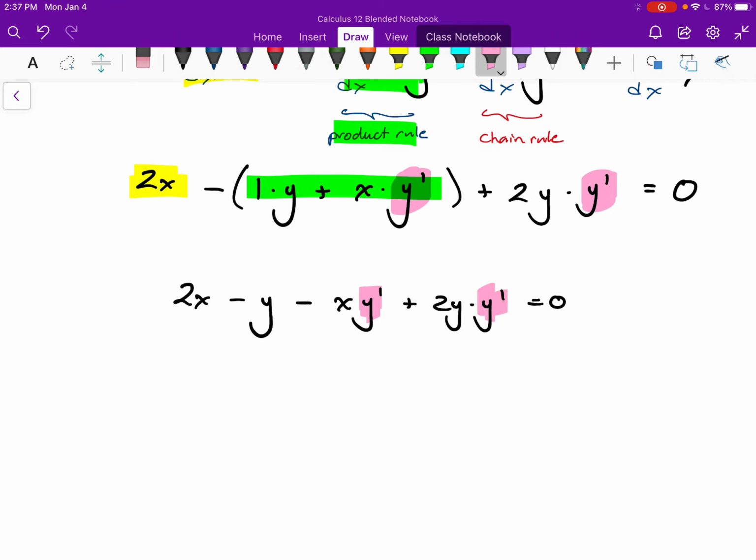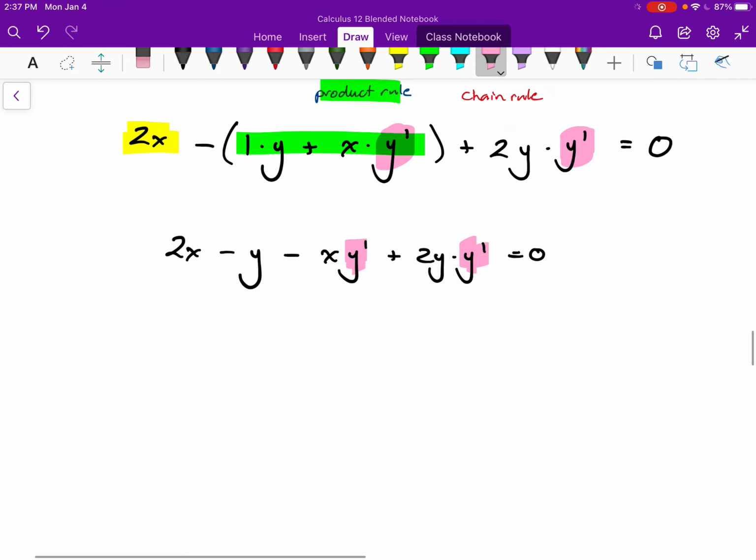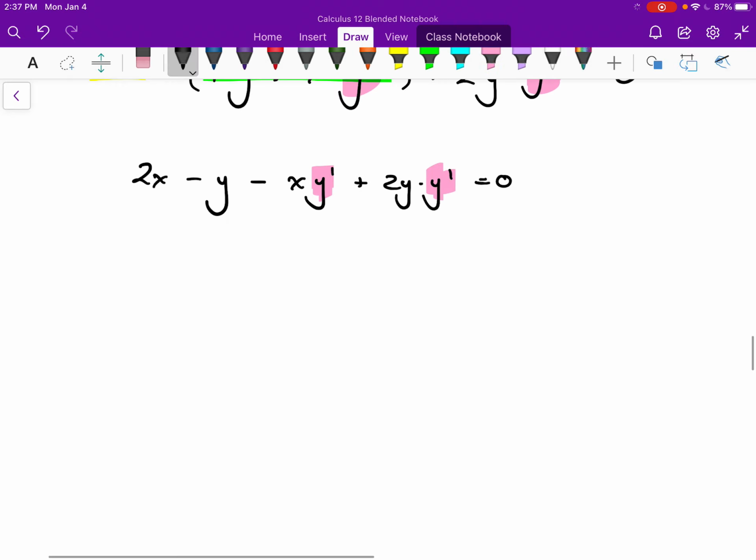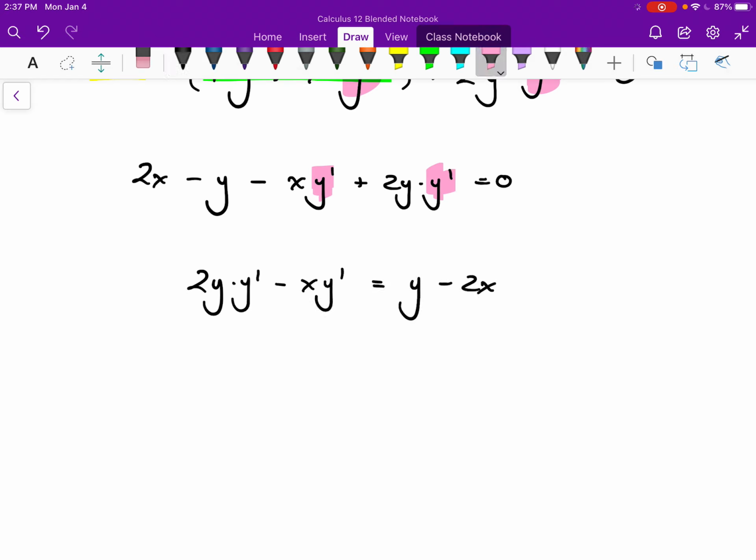All right, so at this point, like before, I want to get my y primes together. First, any terms that don't have y prime, I want to bring over to the other side. And maybe I'll change the order of this slightly. Okay, so I really just rearranged my terms here.